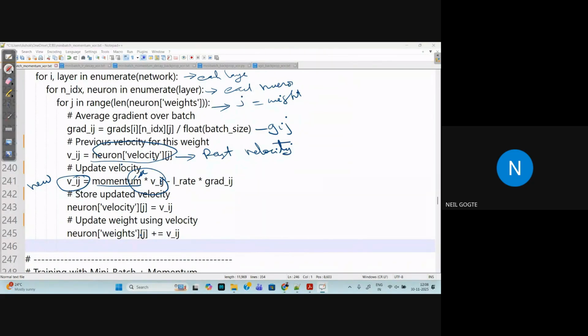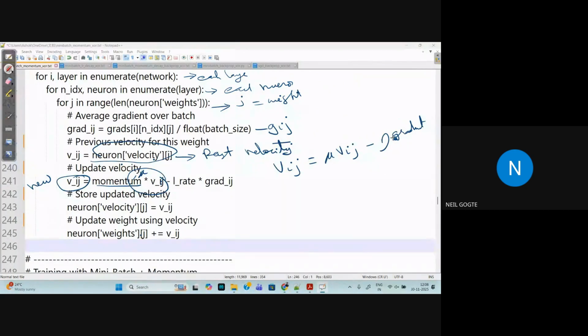The same equations which I showed. I don't mind writing it again. Vij is equal to mu times Vij minus eta times the accumulated average gradient.